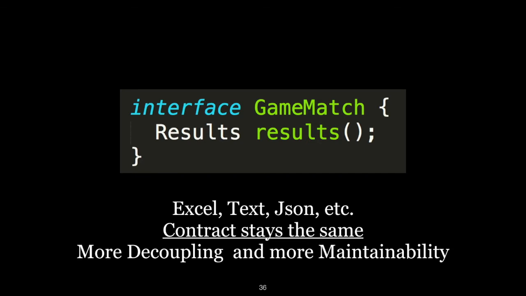So that means more decoupling and more maintainability. If I want to change in some way the way I read data for a tennis match from an Excel file or from a text file, I don't need to worry about the other end trying to read this data, because the contract is always the same.